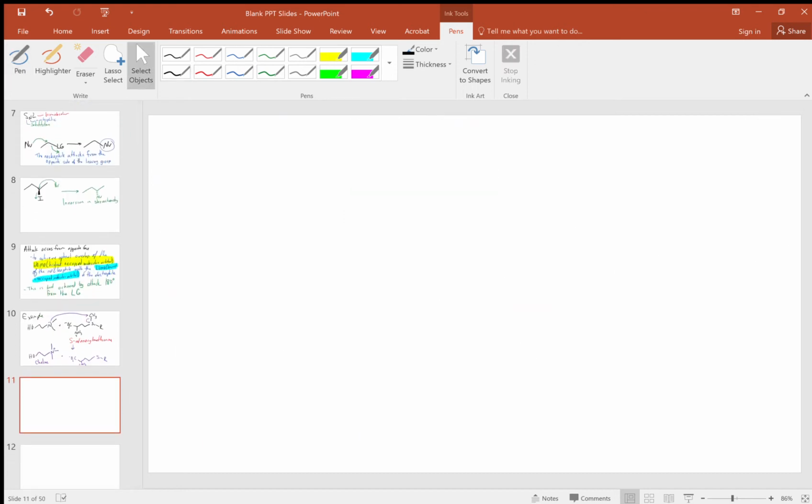What are the factors that influence an SN2 reaction? So the first one, sterics.